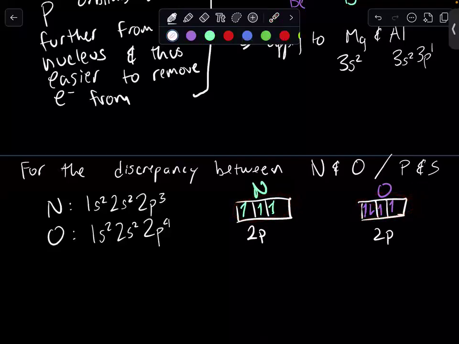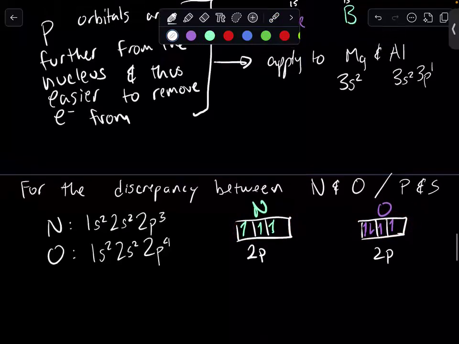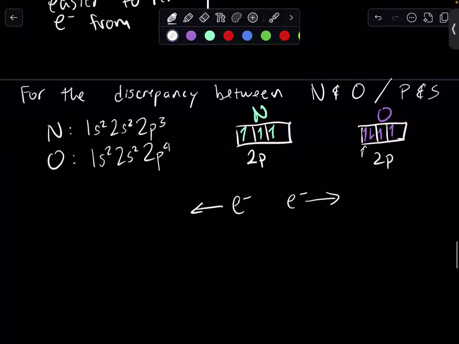So what does that mean for it? Well, we have to go back to electrostatic interactions and notice that electrons tend to repel each other. So the electron in this orbital is repelling the other electron within its orbital.